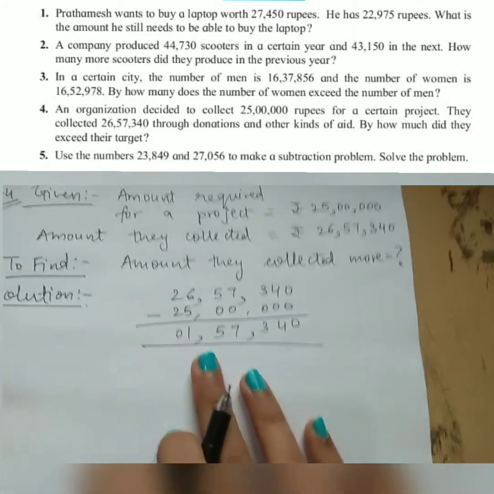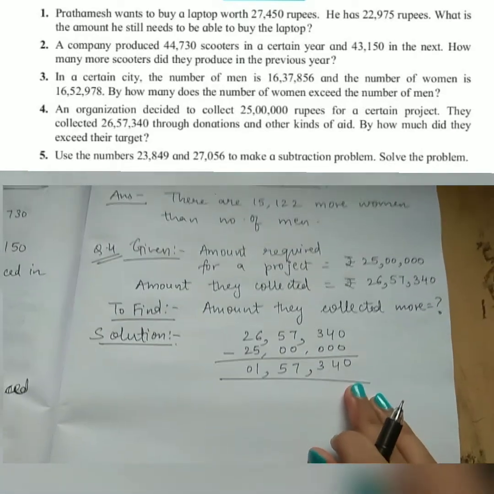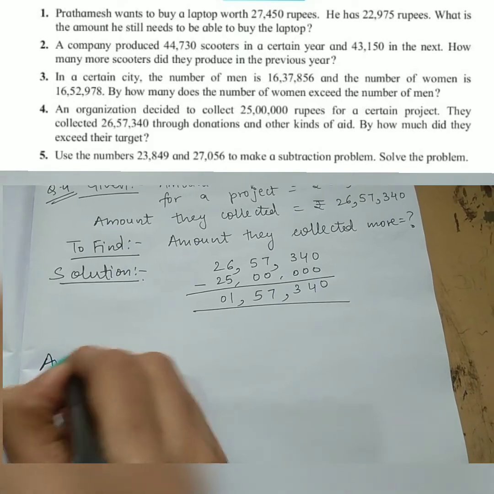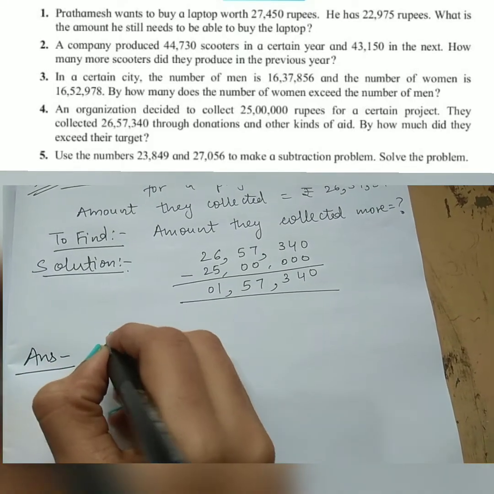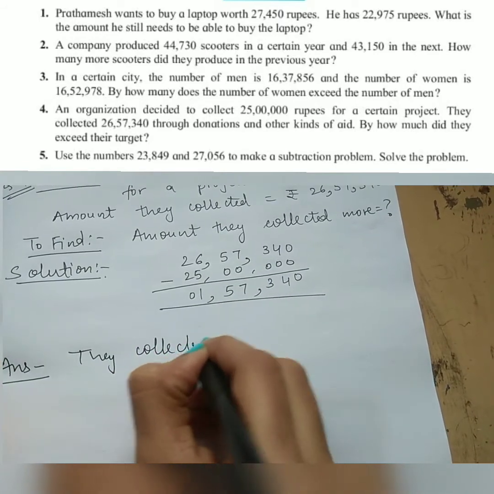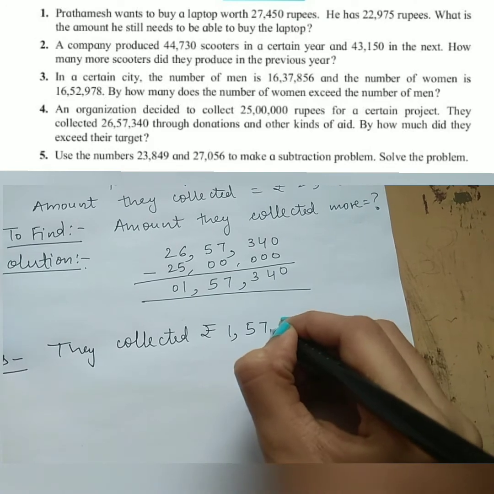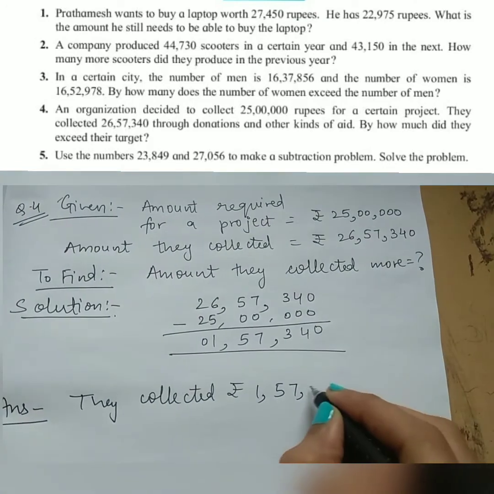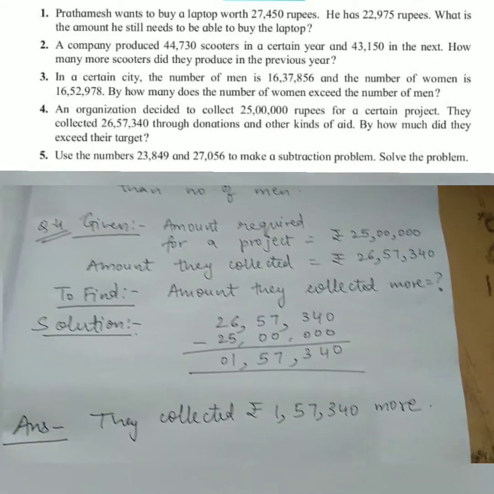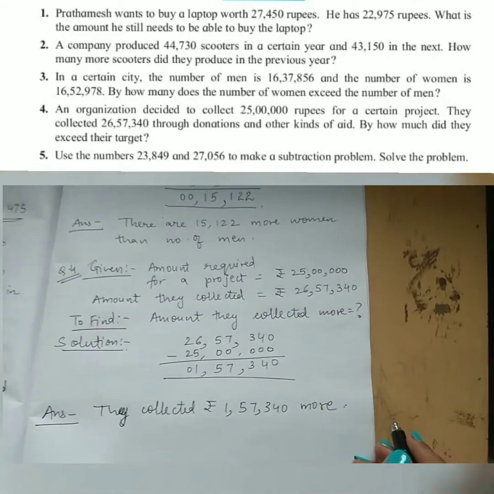So how much amount they collected more? They collected 1,57,340. So let's write they collected 1,57,340 rupees more. So this is sum number 4.